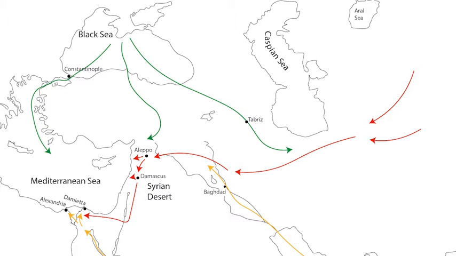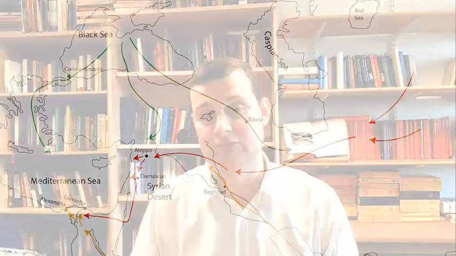Other goods go up the Persian Gulf, where they're then sold in places like Baghdad before being traded further north. So there are various different legs of that particular route, but that too is enormously profitable and enormously important trade route in the area.